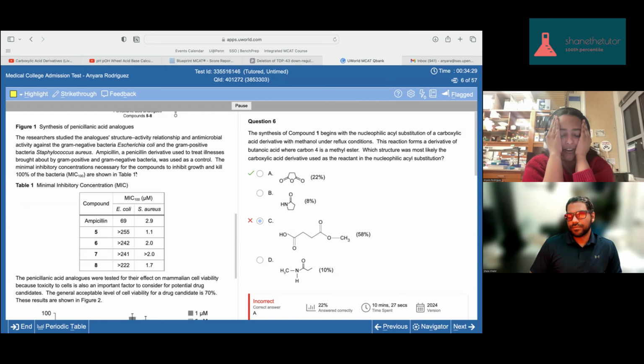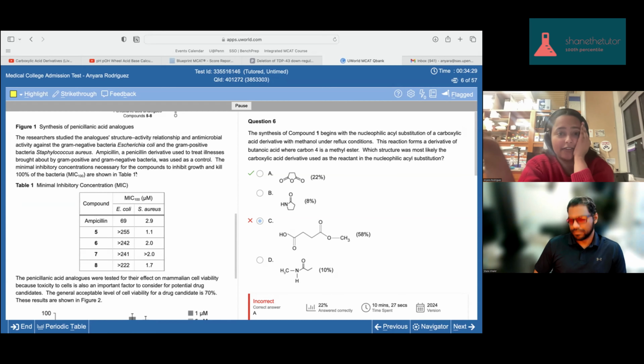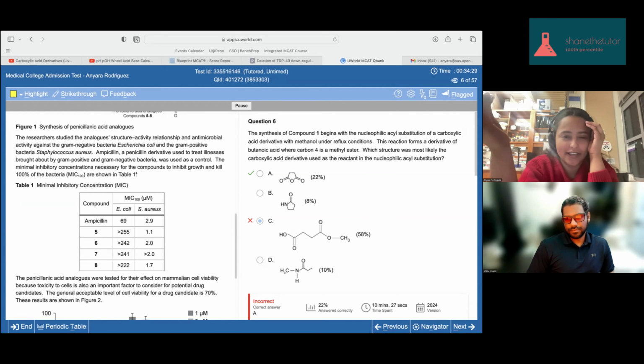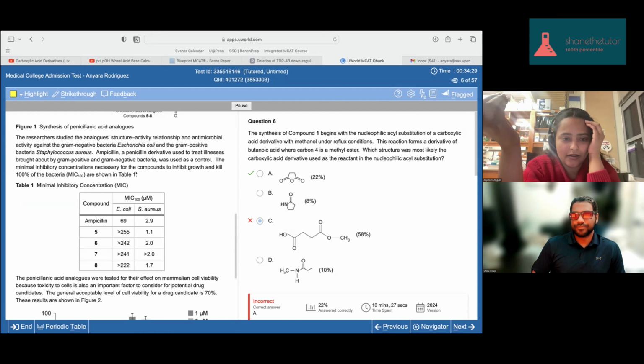So the smaller number you have of this MIC 100, the easier it is to kill your bacteria. Your question was the proportionality of MIC 100 to strength as an antibiotic. So the lower, so it's inversely proportional.